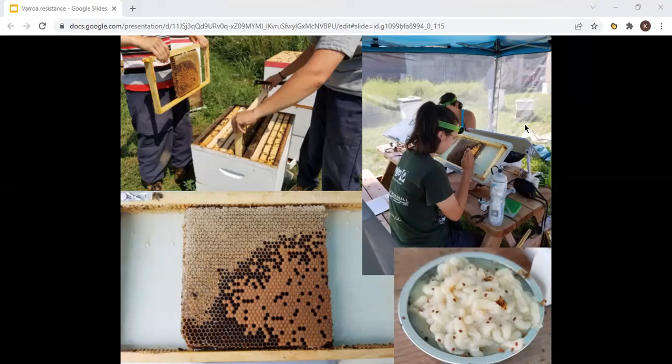I do want to make the point that they are a research center and had an isolated yard for this Varroa work. They understood what infestation levels like that would mean, so they made sure that there were no poor beekeepers around them getting decimated by their high Varroa levels. You can see we're set up in a tent to uncap and pull out larvae and then count the Varroa mites that come out along with them.